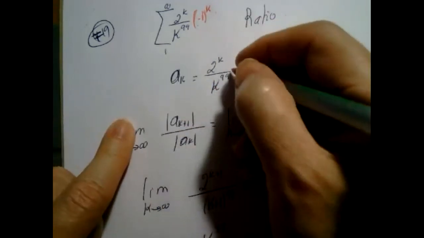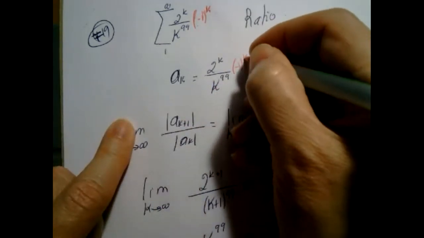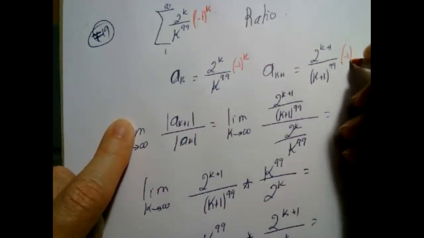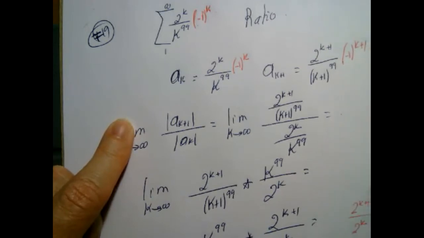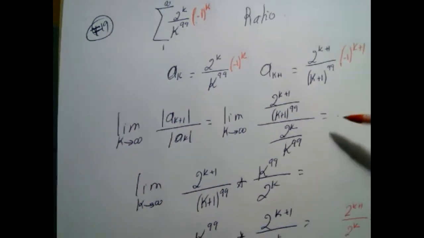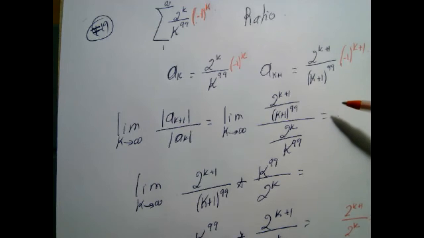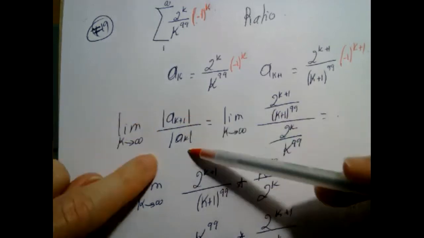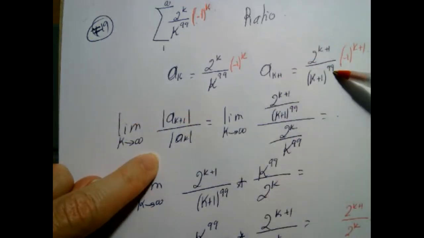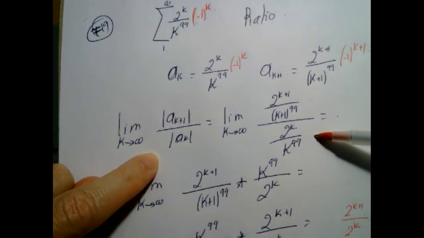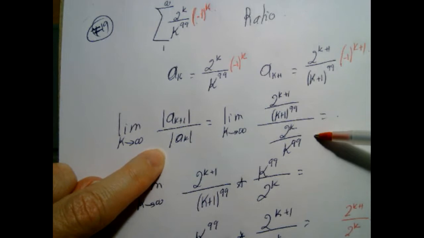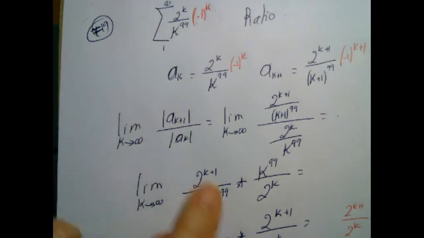So in this case, this is going to become -1 to the k, and this would become -1 to the k plus 1. So the alternating series test is not really easy to justify. In this case, when I take the absolute value, the minus is going to disappear. You see what I mean? Yes. So that's really what happened.